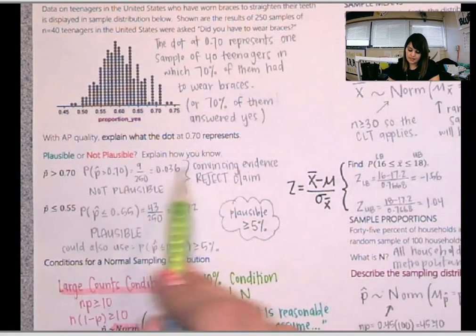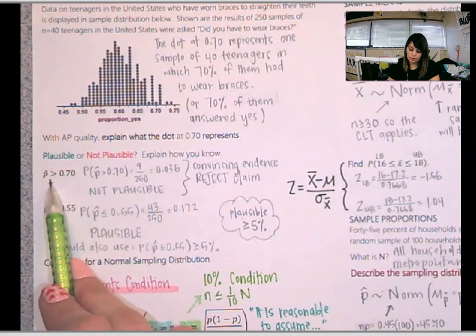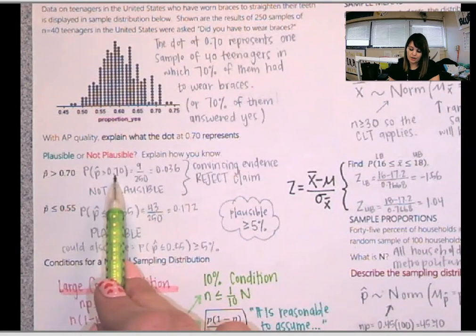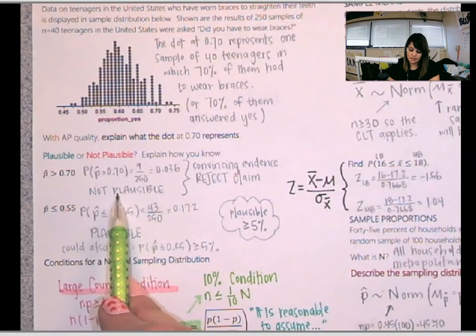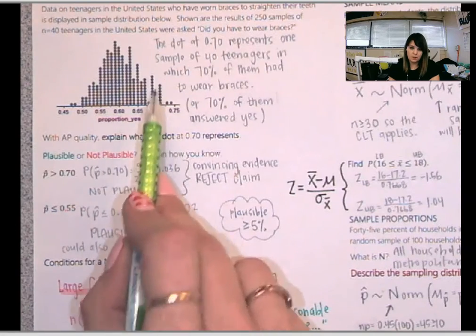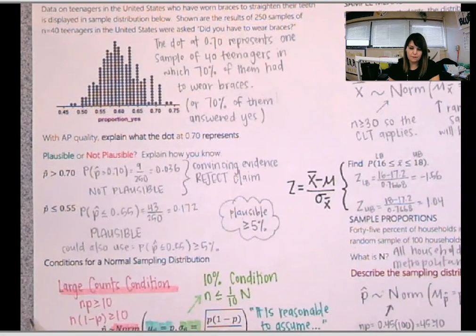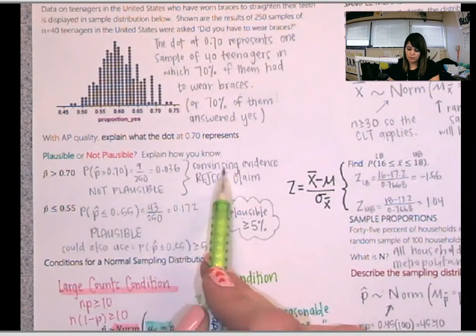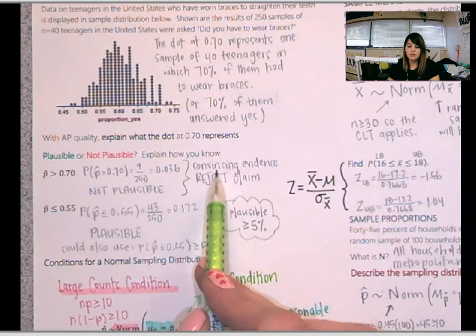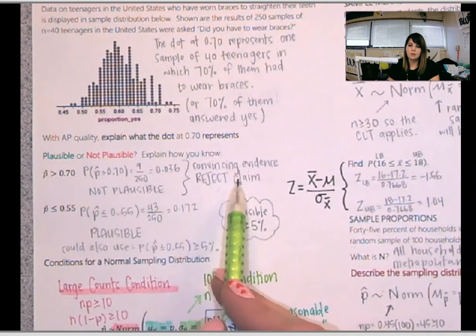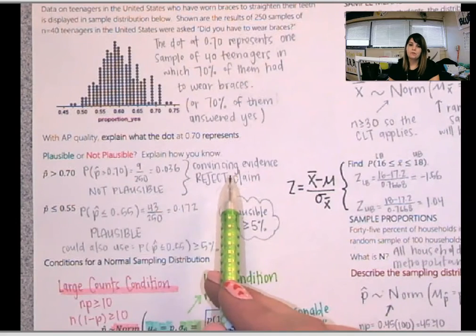So when it says, explain how you determine that getting a p-hat greater than 70% is not plausible, well, because above in our dot plot, 9 out of 50 were that value or more. So not plausible, that's 3%. We refer to this as convincing evidence, and we would reject the claim.